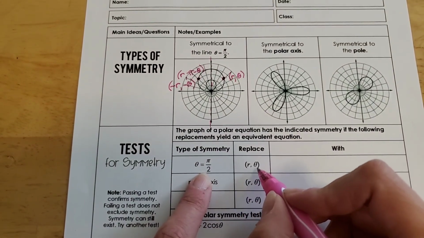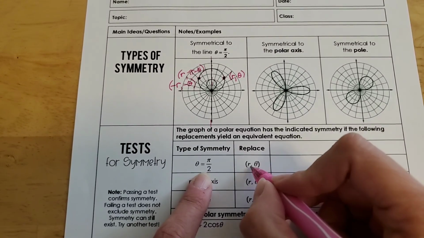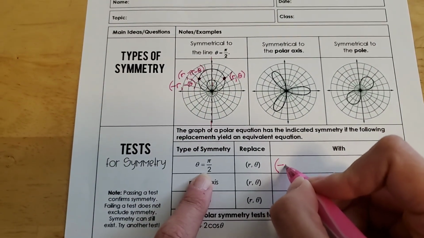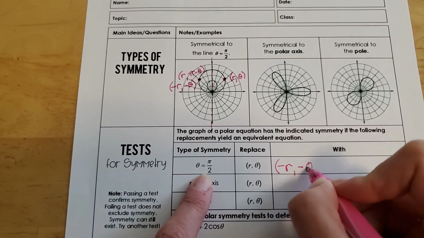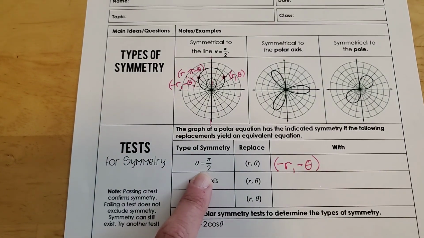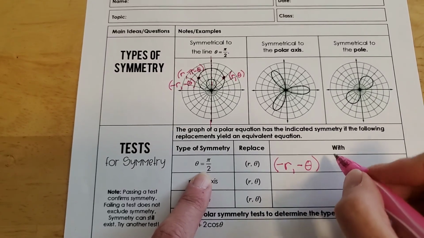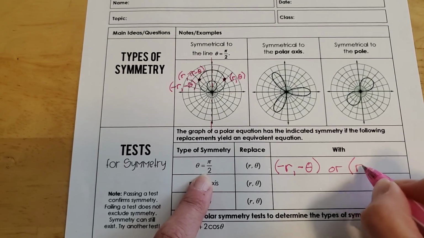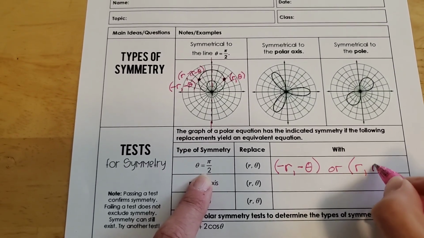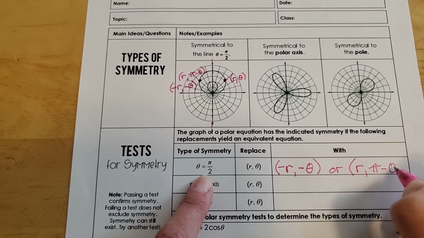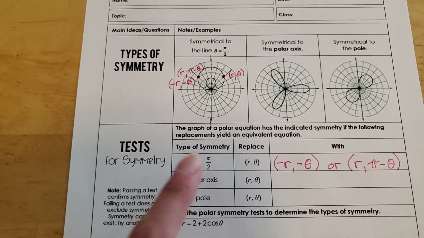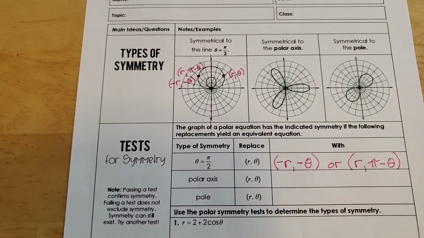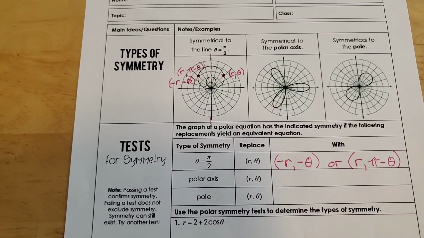So I'm going to replace r, theta with either negative r, negative theta, and I list that one first because that one's the easiest one to take care of. And the second one, r, pi minus theta. And we're going to work through some examples as to how we actually do that. But that's where those 2 points come from.